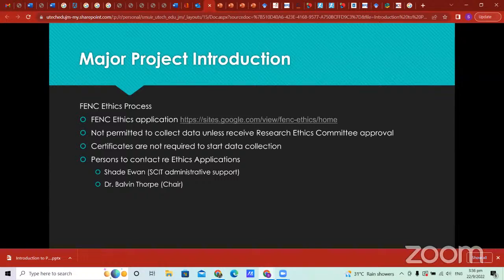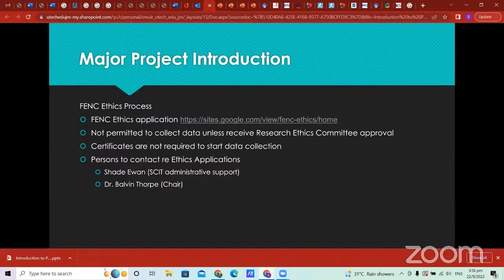At any rate, part of the process is to apply for ethics. And you're not permitted to collect data until you get the ethics approval. There's actually a certificate which you get electronically, which is to be included in your final documentation, but you don't need to get the certificate before you collect it.